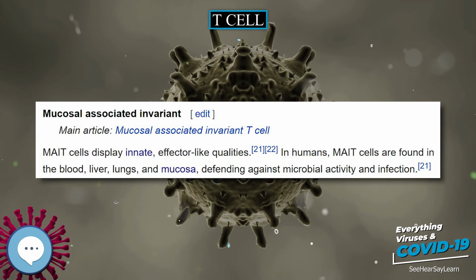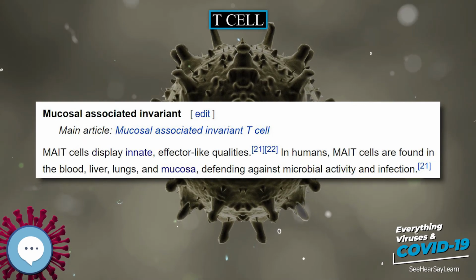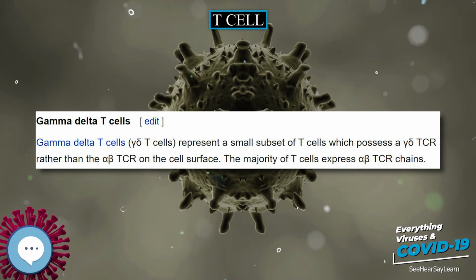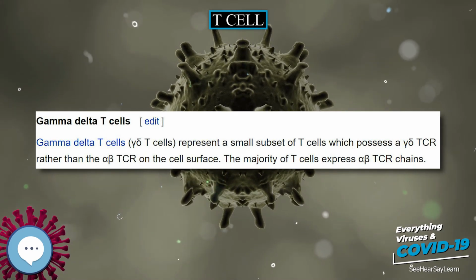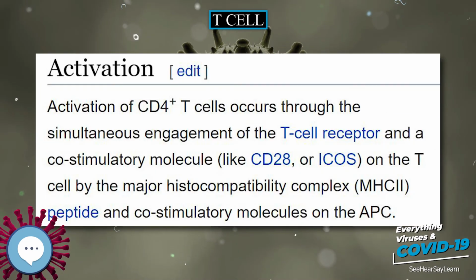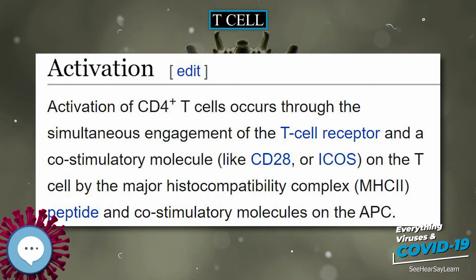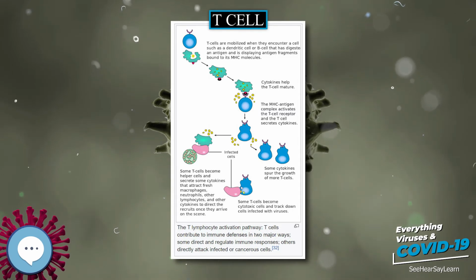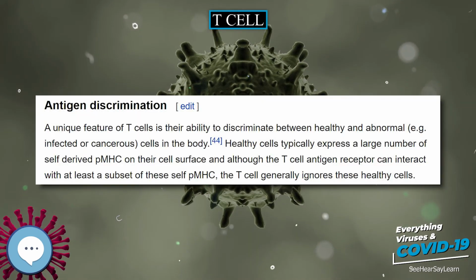Activation of CD4 plus T cells occurs through the simultaneous engagement of the T cell receptor and a co-stimulatory molecule, like CD28, or ICOS, on the T cell by the major histocompatibility complex, MHC, peptide and co-stimulatory molecules on the APC. Both are required for production of an effective immune response.